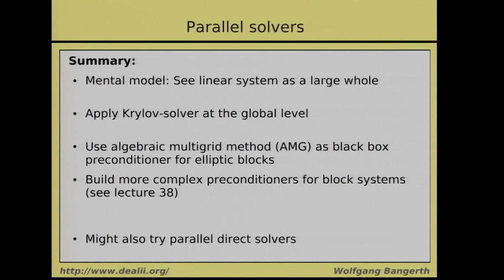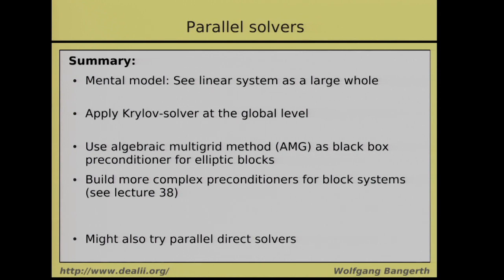If you have something that is more complicated, like Stokes or any other number of problems, then you would build preconditioners for the whole thing out of preconditioners for individual blocks, just like I showed you in lecture 38, where we built a preconditioner for the Stokes system from the preconditioner for the top left elliptic block, and then we just have to shuffle around some things. But that's how we build preconditioners for very large problems.